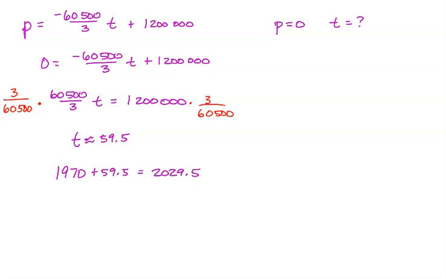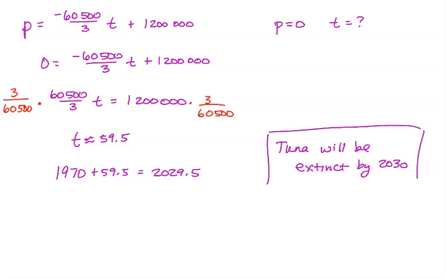So we could say that it's going to be during the year 2029 that the tuna will be fished to extinction, or that the tuna will be extinct by 2030. So if this linear pattern continues at the rate that it currently is, by the year 2030, the bluefin tuna would be fished to extinction.